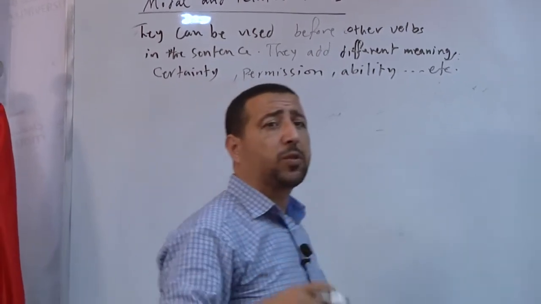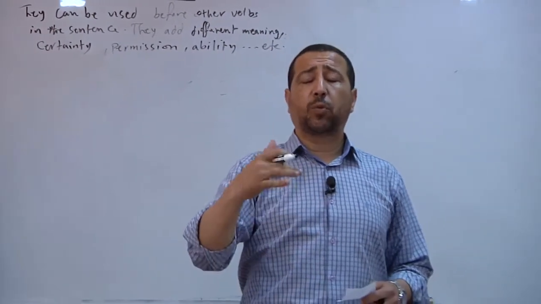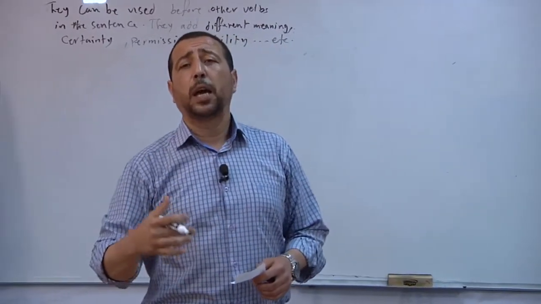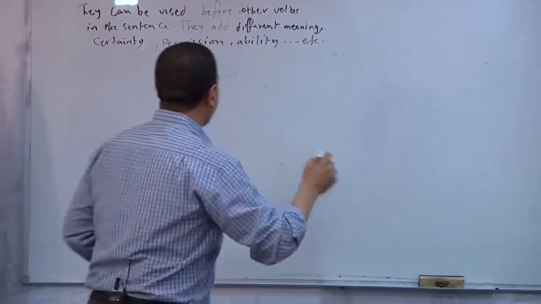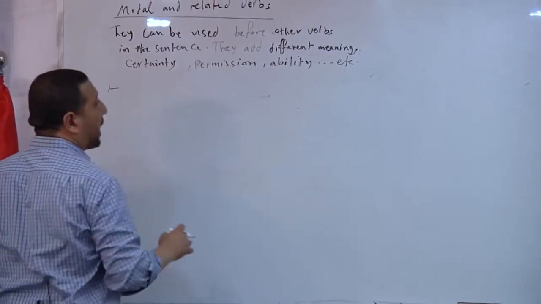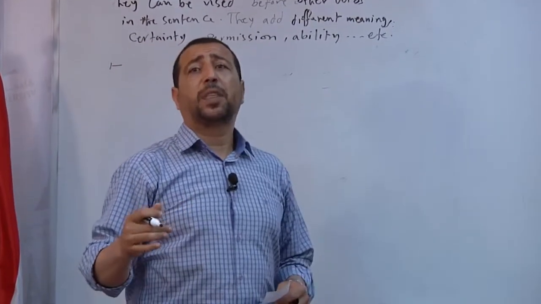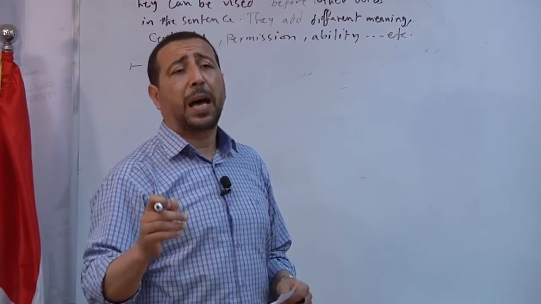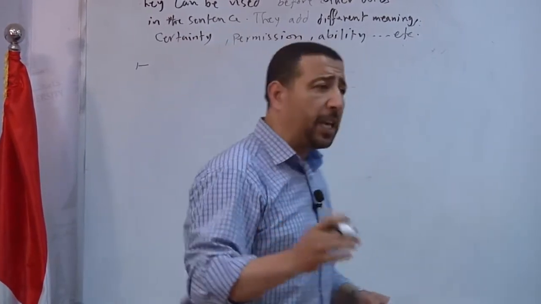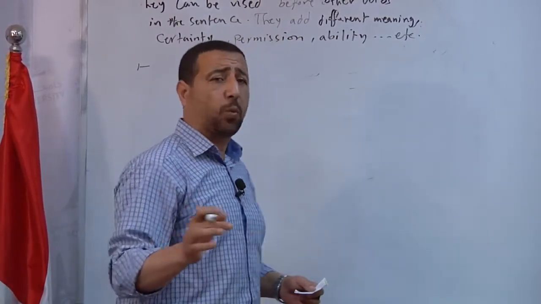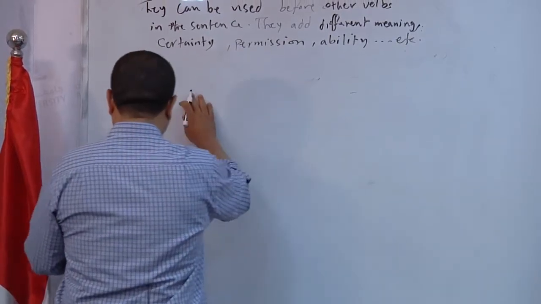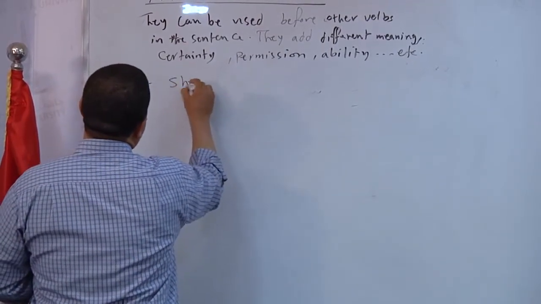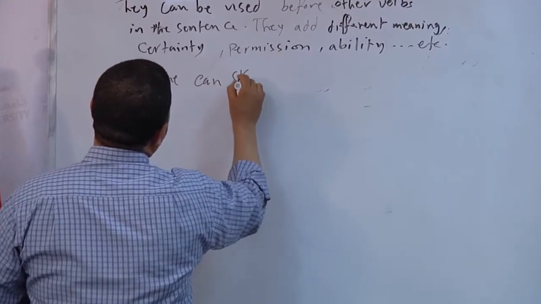Actually, there are different rules for using modal verbs. Number one, modal verbs are not used with S with the third person singular, like he, she, it. We have more examples. We can say: she can ski.